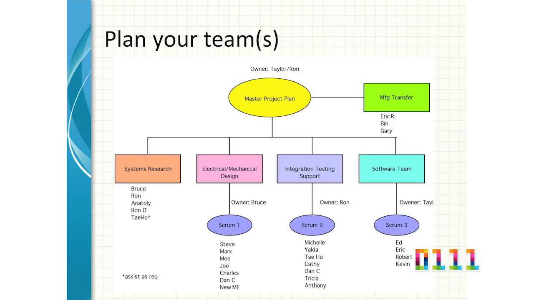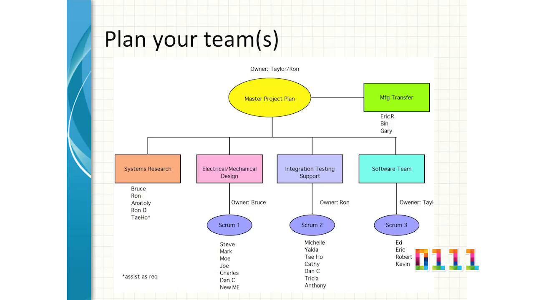Plan your teams. Matt talked about different skill sets that he needed on his teams. This is an actual organization in a consulting company that uses Scrum teams for their embedded development. They have the different teams and different members of a team based on their skill set.